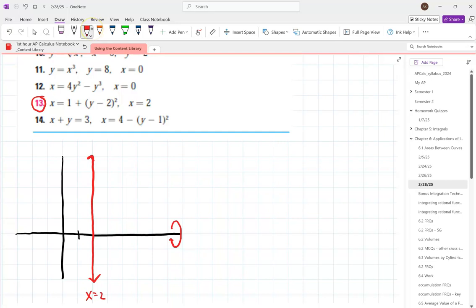So far, so good. What is the graph of this thing going to look like? It's a parabola facing sideways. Is it opening to the right or to the left? To the right, because the squared part is positive. And the vertex of the parabola is going to be at 1, 2.